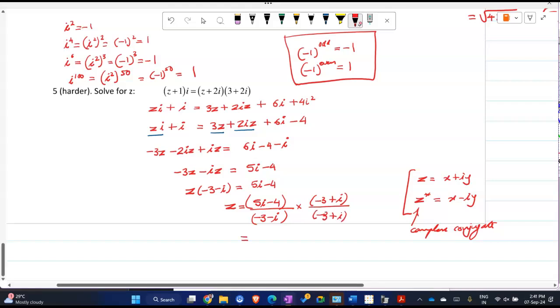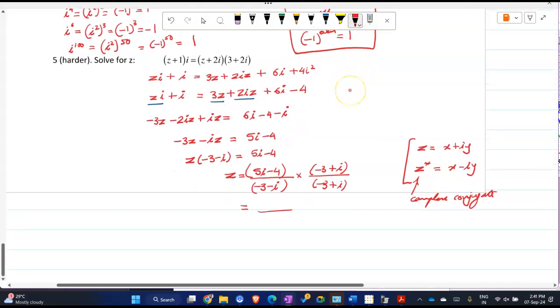So what will this become? Bottom would become 9 minus i squared. Very good. And numerator, top, would be minus 15i plus 5i squared plus 12 minus 4i. Then you can fix the i squared term and make it minus 5.